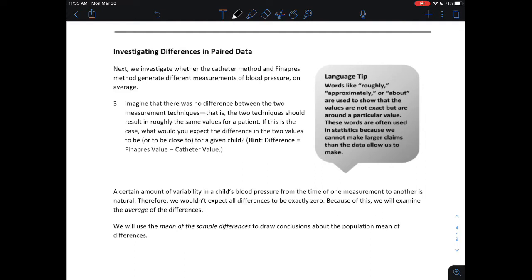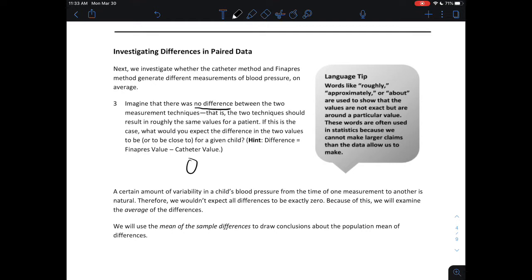So for number 3, if we're imagining that there was no difference, the number that stands for no difference would be 0. So if this is the case, what would you expect the difference in the two values to be? We would expect them to be close to 0.